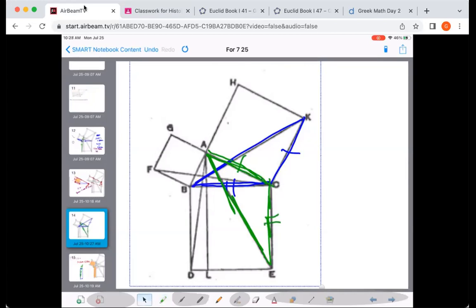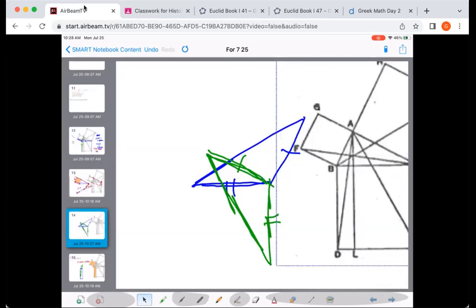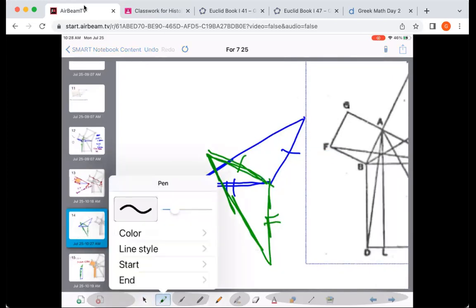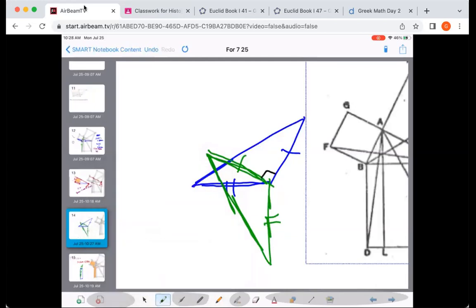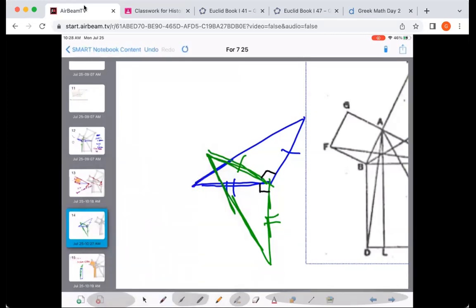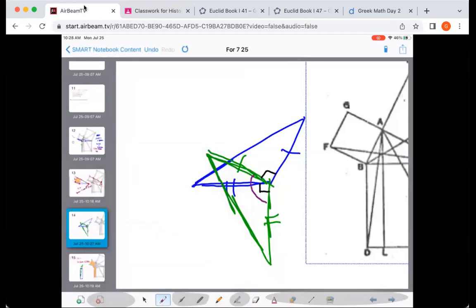Check it out. Now the obtuse angle. Oh, and while I'm at it, we'll throw in the right angles. And by the same reason as before, the obtuse angle consists of a right angle plus the shared part. So we have SAS again.